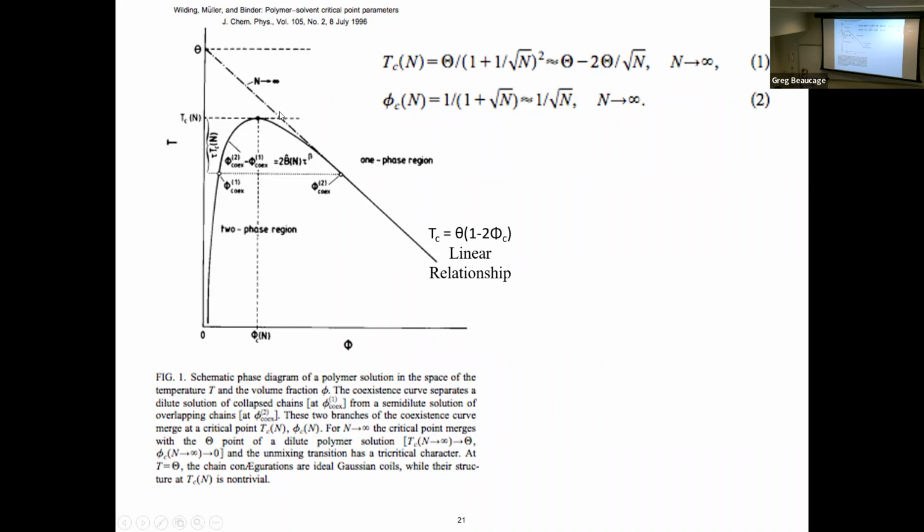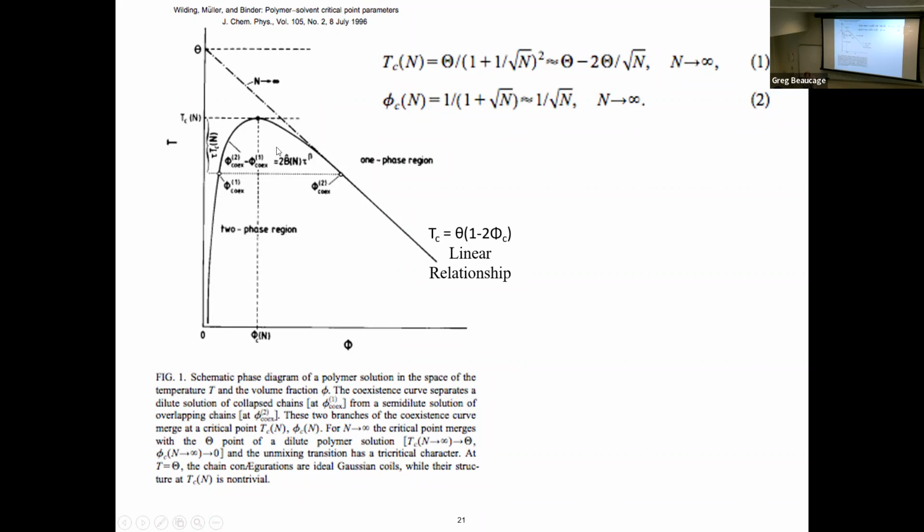So they're going to shift to the left. If N is infinity, then you just get the theta temperature. If you have a real molecular weight, then this gap shows up, and this curve will shift to the left and rise up. And it rises up just as fast as it shifts to the left, because the two things are proportional.